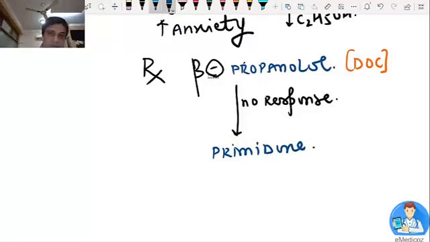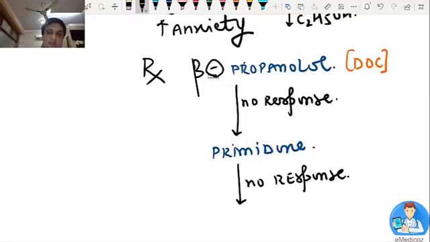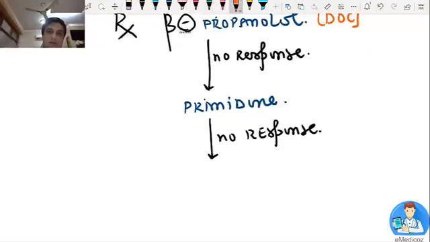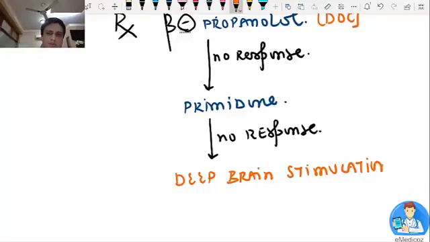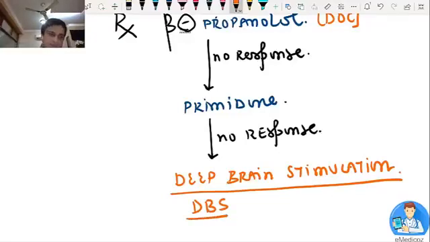Or maybe still, if there is no response, then we might go in for a central nervous system stimulation known as deep brain stimulation in these patients. Most of the patients that I've seen in my clinical practice with essential tremor have been treated with propranolol very well. Another drug is primidone, which we give, which can help the patient.